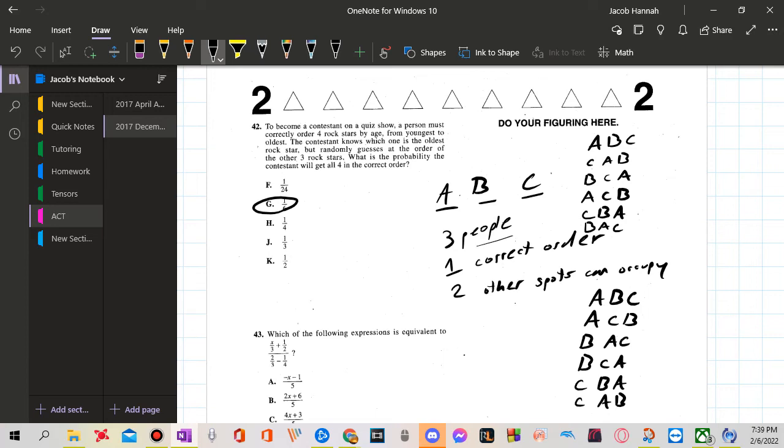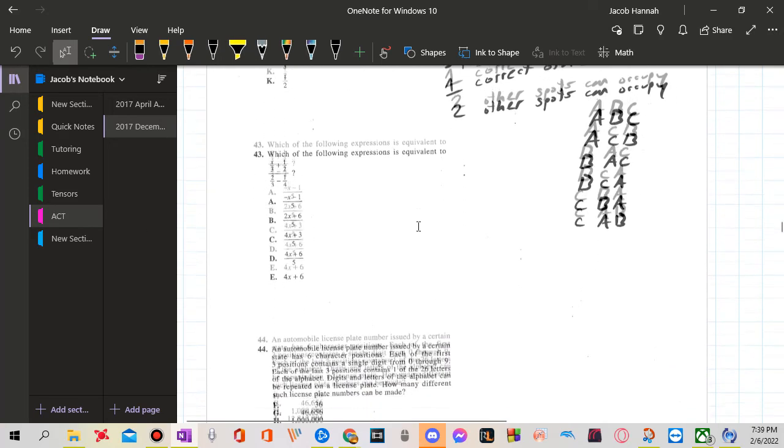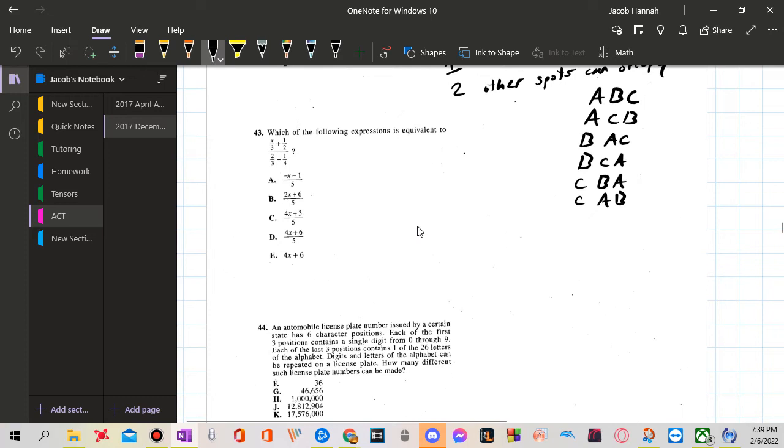Alright. So which of the following expressions is equivalent to this? Alright, this is just some algebra. Divided by 2, 3, minus 1/4. So how you can go about this is that you can take it a step at a time. You can combine these fractions down here.